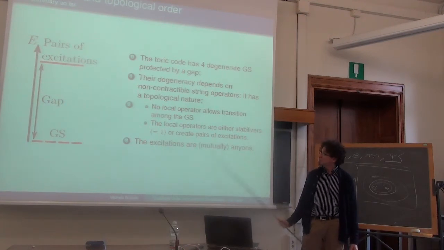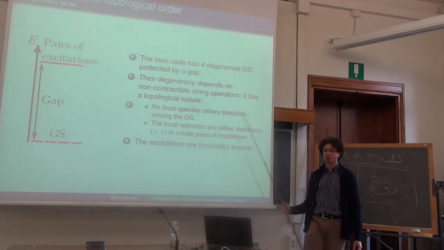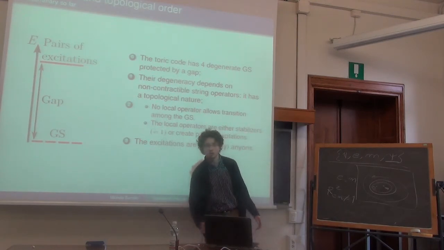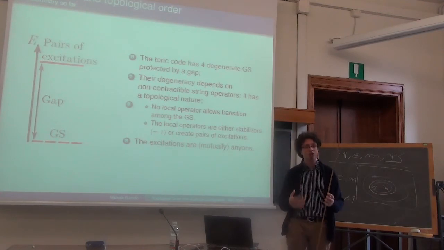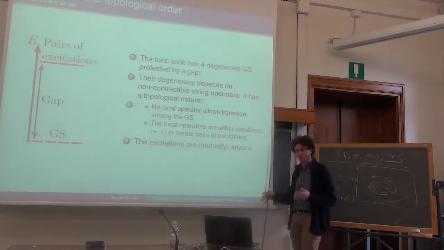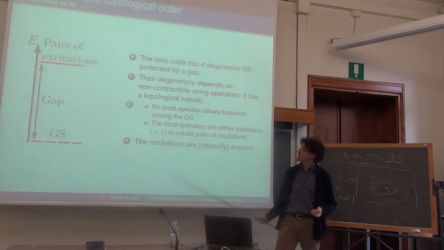And furthermore, we analyzed what happens when we apply local operators. Local operators are products of the stabilizers, so they do not change the energy of the system, but they do not change the ground state in which you are either, because we saw that applying a closed string symmetry in a small subset of the system, in such a way that it is a contractible loop, does not do anything on the ground state, because it's just equal to 1.